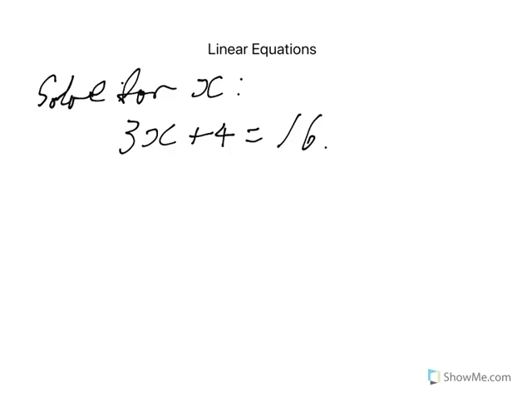So using our BODMAS in reverse, when we're undoing things, remember doing the opposite. So we need the x by itself, so first of all we'll remove the 4 by taking 4 from both sides. So then we get that 3x is equal to 16. Then divide by 3 both sides.